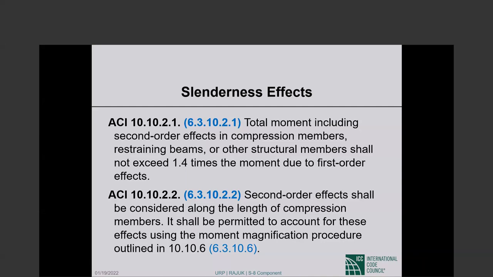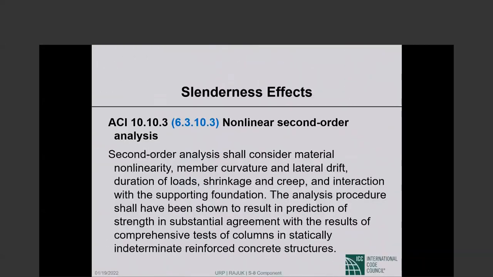It's not easy to do, but the requirement is that second order effects shall be considered along the length of compression members, not just at the ends. Shall be permitted to account for these effects using the moment magnification procedure outlined in 10.10.6. We will go there and you will see.